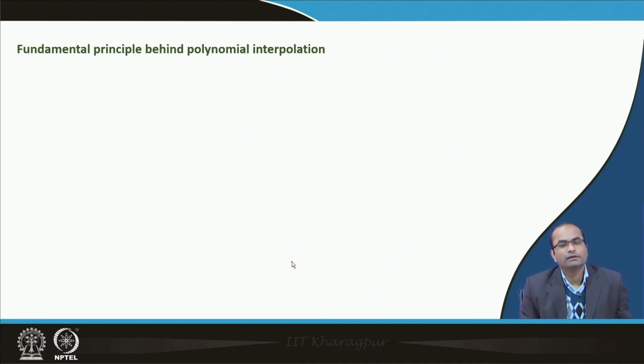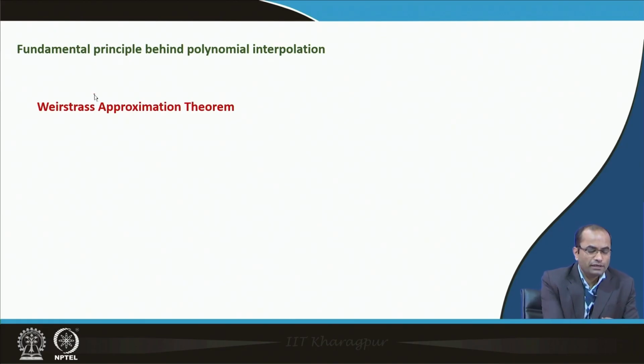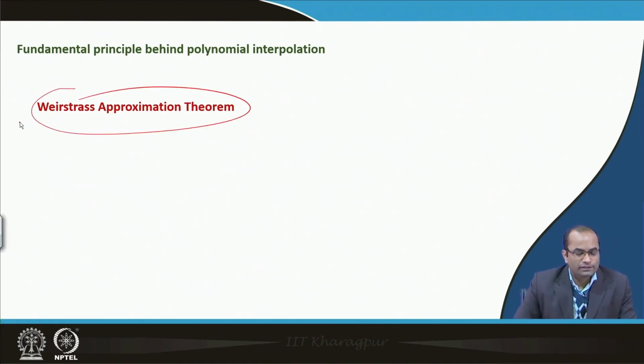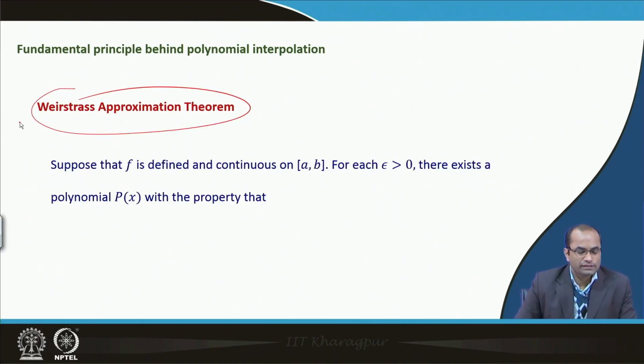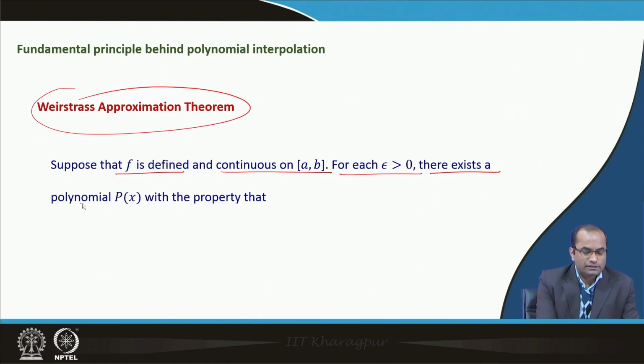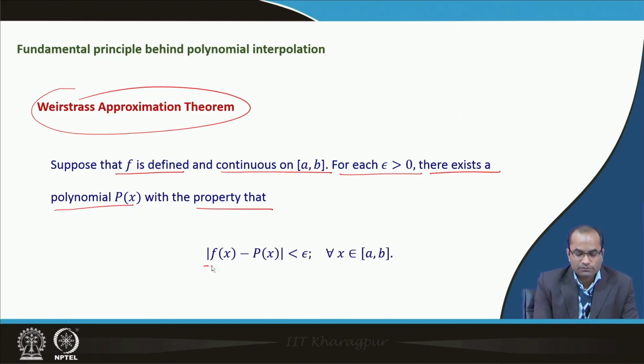So, what is the fundamental principle behind this polynomial interpolation? That will be clear from the Weierstrass approximation theorem, which says that suppose f is defined and continuous on some interval, then for each epsilon, however small, there exists a polynomial p(x) with the property that |f(x) - p(x)| is less than epsilon.